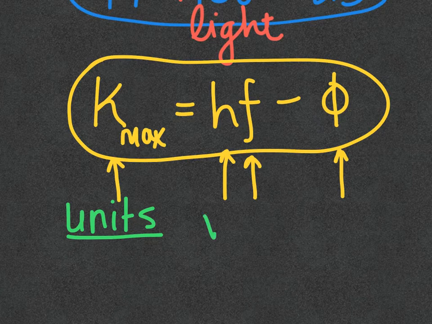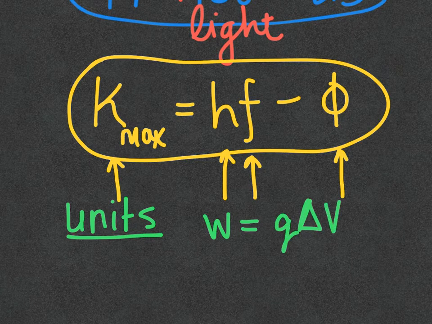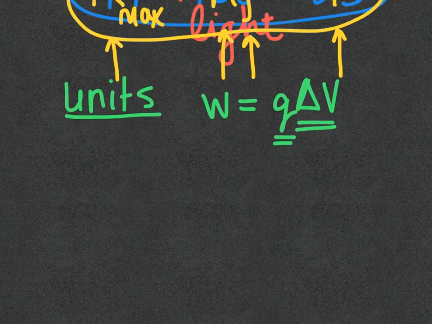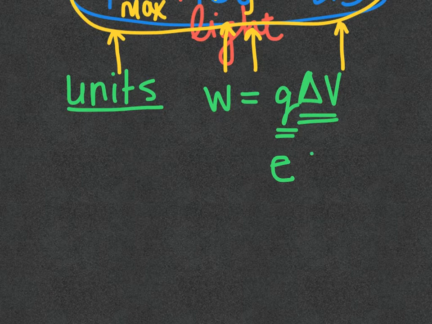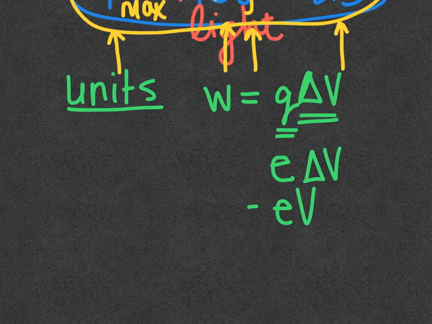if we talk about the amount of work done to change the kinetic energy of a particle, recall that we discussed that could be Q delta V, right? That's the potential difference and the value of the charge. And Q delta V can be written in this sense, because it's an electron, specifically as e delta V, or just eV.